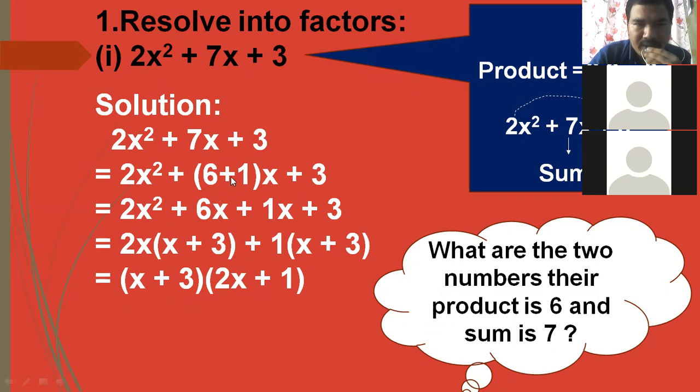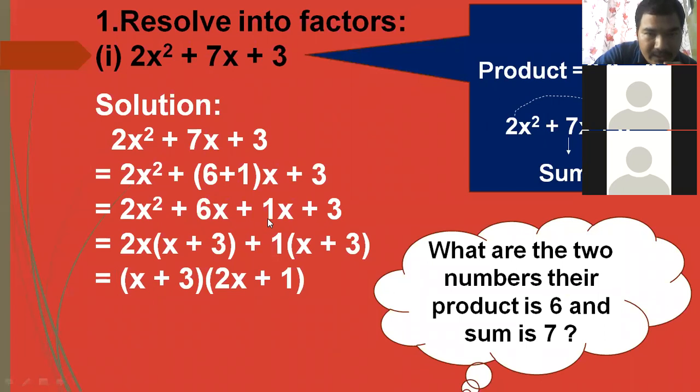And we have to remove this bracket. 6 into x is 6x and 1 into x is 1x. And when we take 2x common here, what is remaining in the bracket? x plus 3.